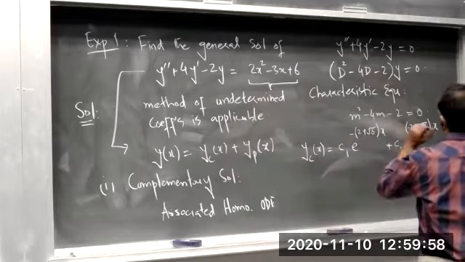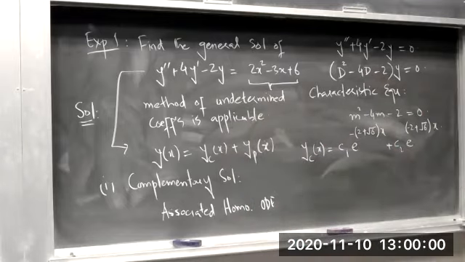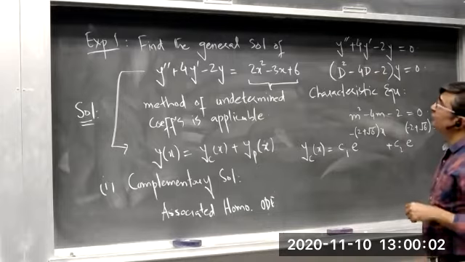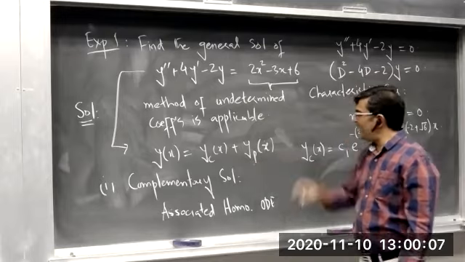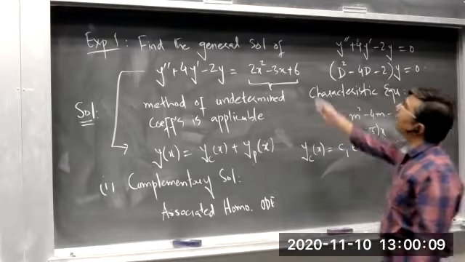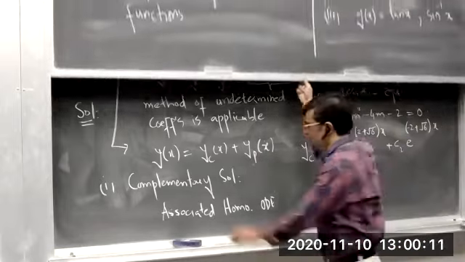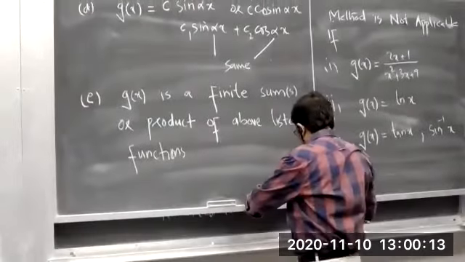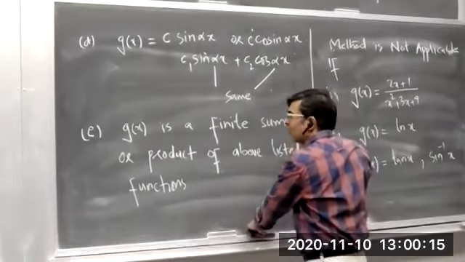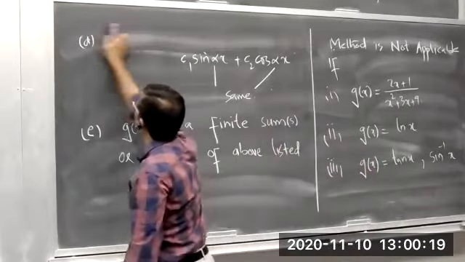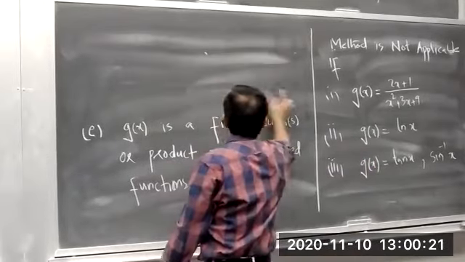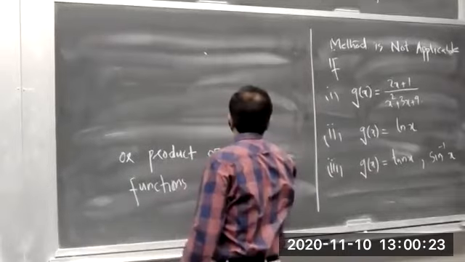I hope you can find it. Now, the next thing which we need to find is the particular integral. How to find the particular integral? We start with an initial guess. In this case, the right-hand side function is a polynomial function of degree 2. So what would be an appropriate or educated guess as a particular integral?